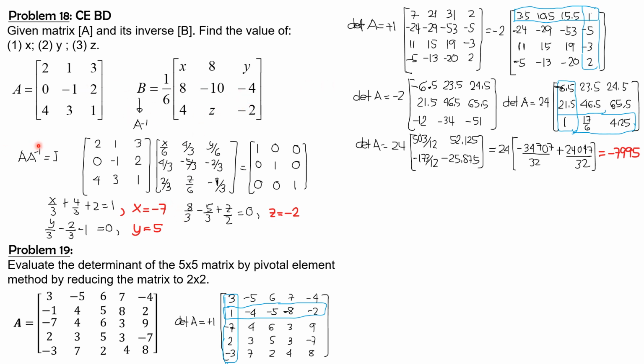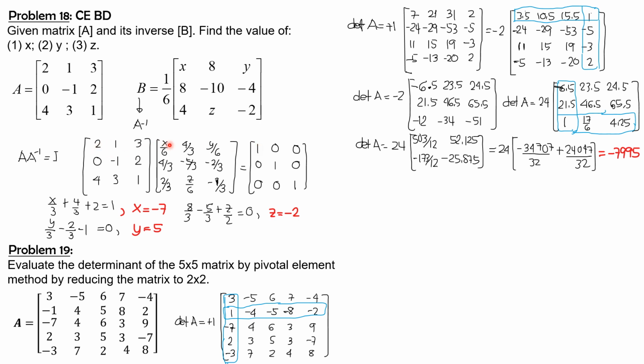So I'll use this definition that the product of the original matrix and its inverse is an identity matrix. So this is A, and this is the inverse of A. To solve for X, I perform the product of row 1 and column 1 and equate it with the row 1 column 1 element here.